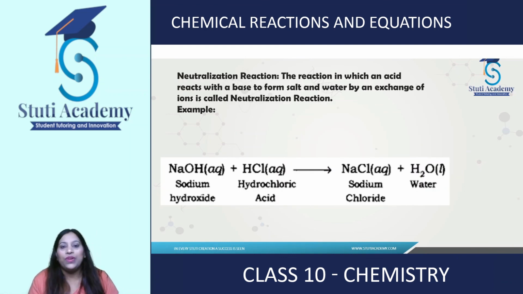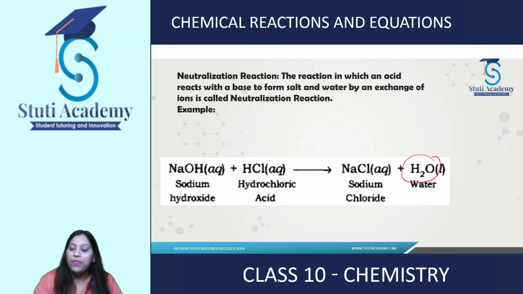Next is neutralization reaction. The neutralization reaction is that kind of reaction in which acid and bases are combined together. They result in the formation of salt. Here they neutralize the effect of each other and water is left behind.